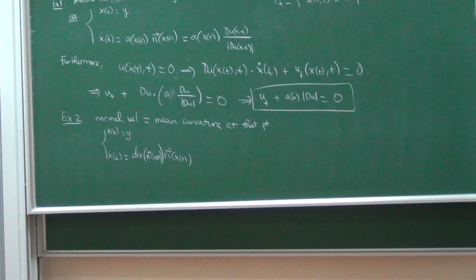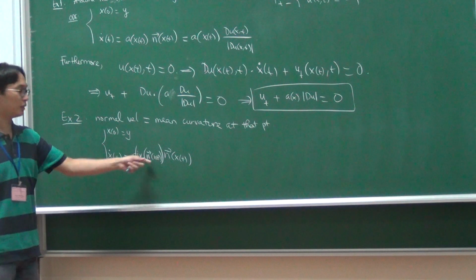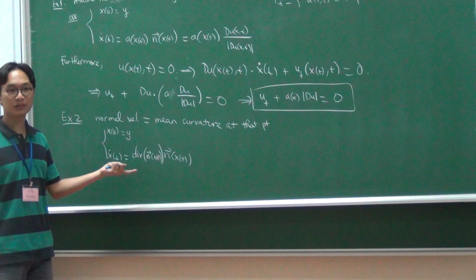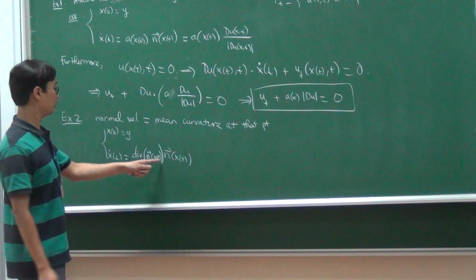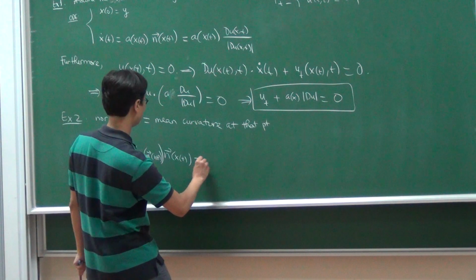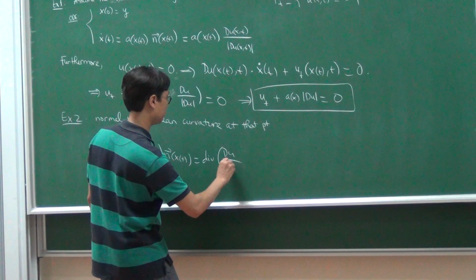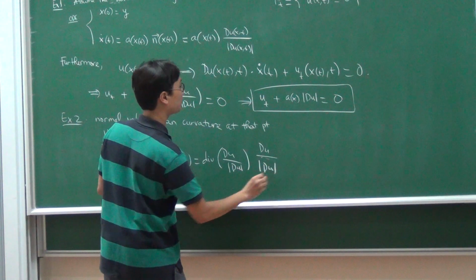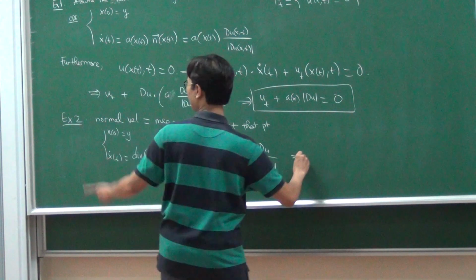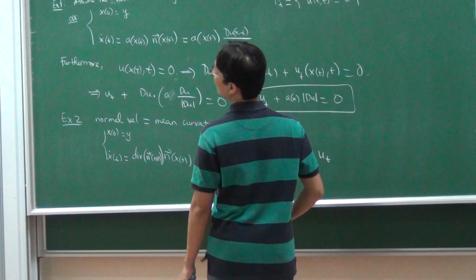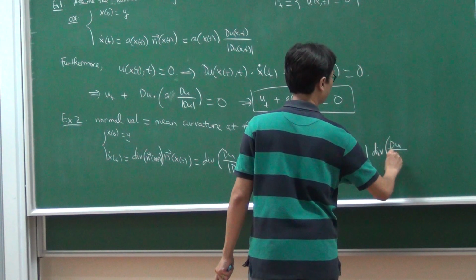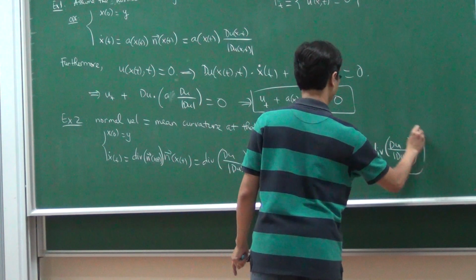It's going to give you the summation of all principal curvatures, which is the divergence, which is the mean curvature. So if you were to have this, this is the divergence of Du over |Du| times Du over |Du|. If you plug it back into the PDE, you're going to have the mean curvature flow equation: u_t equals |Du| divergence of Du over |Du|. So this is the mean curvature flow equation.